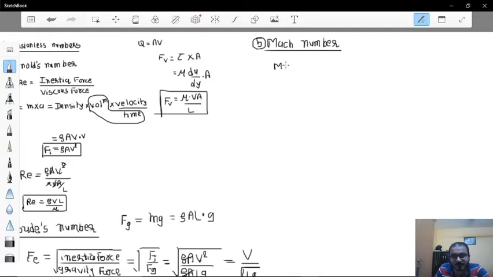M is equal to square root of inertia force to elastic force.